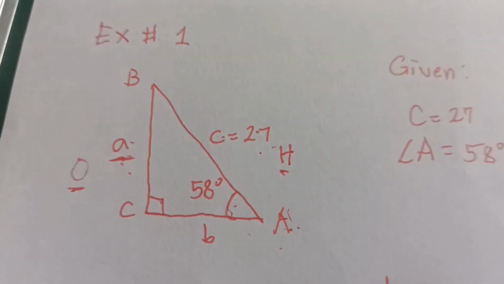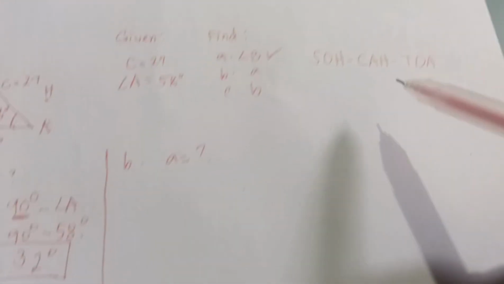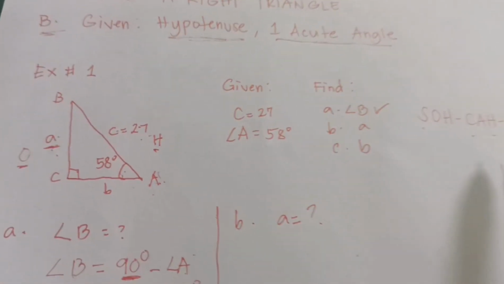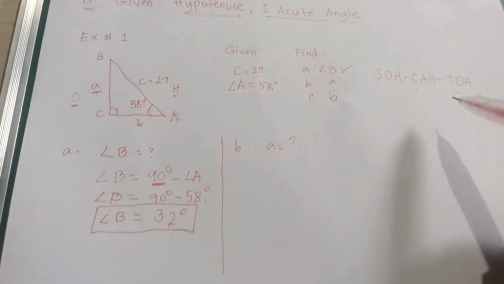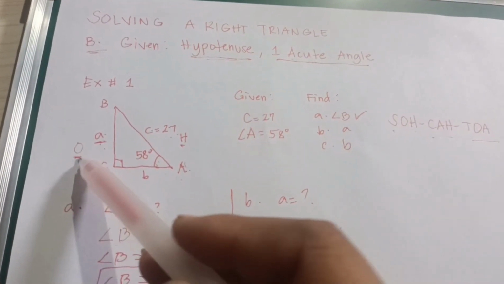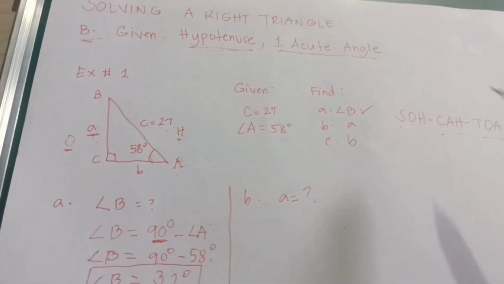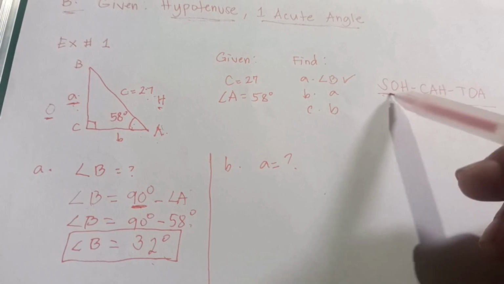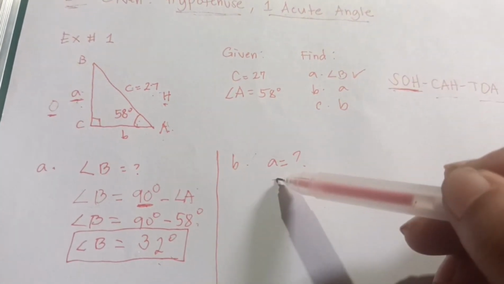So, in our SOHCAHTOA formula, what do you think are we going to use? So we have here O and H, and in our SOHCAHTOA we have O and H. So therefore we are going to use SOH to solve for side A.